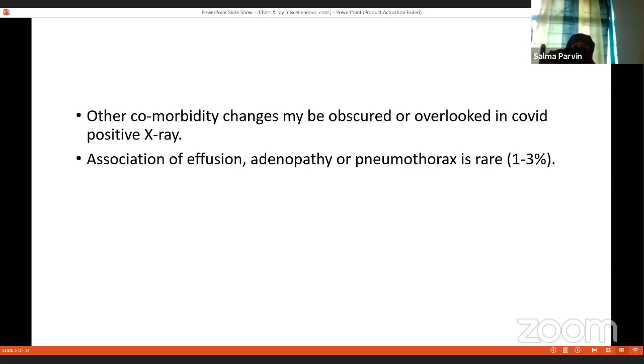Because such ground glass opacities are also present in serious lethal states like myocardial infarction, resulting in pulmonary edema. So, the comorbidities must be reviewed for the patient, and a specific observation of the chest X-ray should be done.